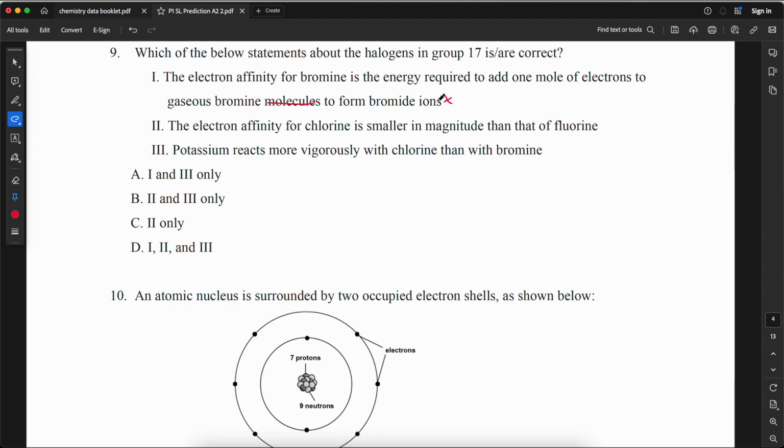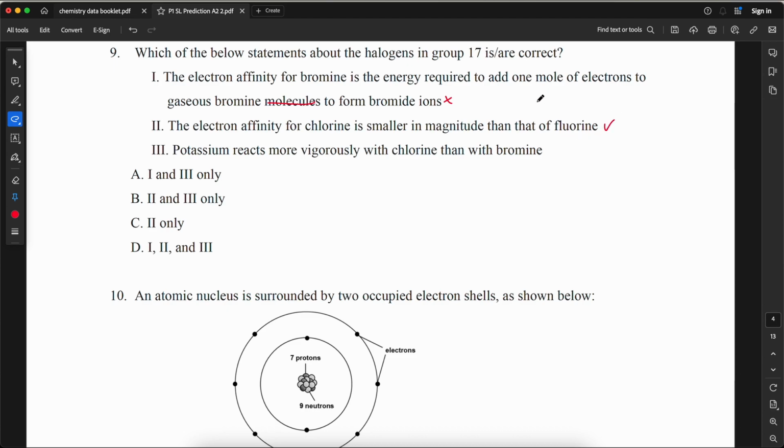The electron affinity for chlorine is smaller in magnitude than that of fluorine, as chlorine has a bigger atomic radius because it goes down a group after fluorine. So as the atomic radius is bigger, it needs less electron affinity to add the electron compared to fluorine, because fluorine has a smaller atomic radius. Therefore, it is smaller in magnitude.